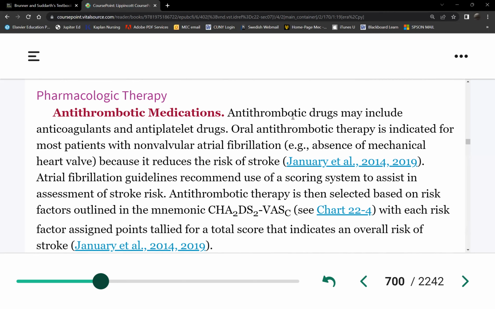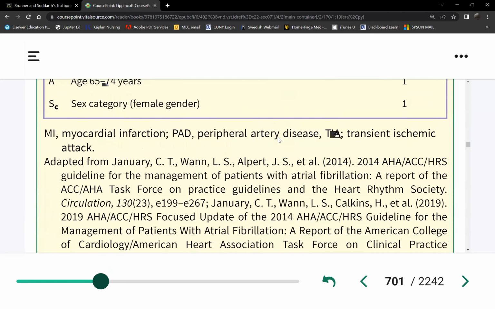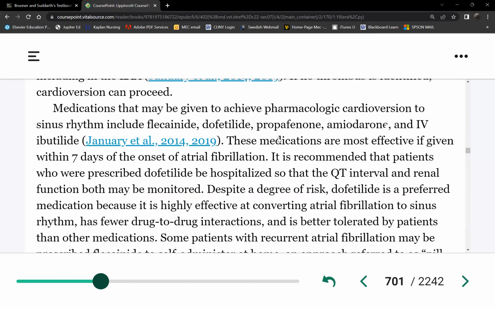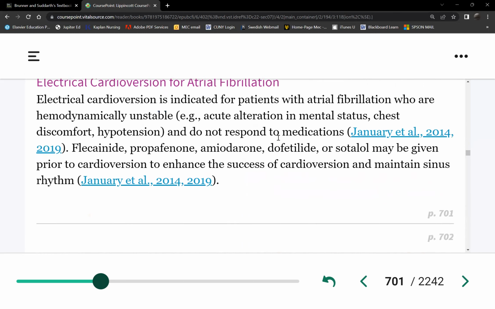Entresto is an ARB and an ACE. Okay. So that's for heart failure. All right. So we'll discuss cardioversion. Again, it's in a different section of the chapter.